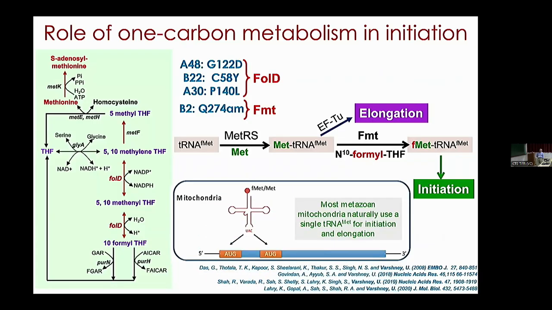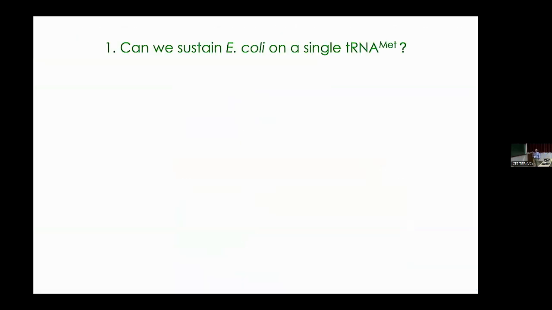Now, if you think about it, in mitochondria, we have precisely the same situation, that the single tRNA initiates as well as elongates. So the question that we then asked was, can we create a situation in E. coli where a single tRNA will sustain the functions of both initiation and elongation?